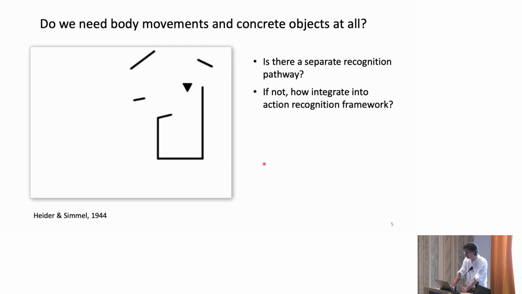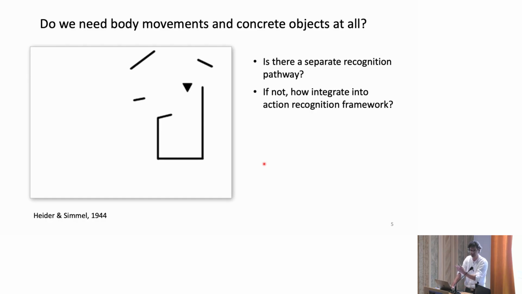Now, the only available cues in this example are the specific visuospatial relations between the moving agents and certain scene elements, and also how these relations change over time. And I argue that the specific interplay of these temporal spatial relations is usually characteristic for specific actions, like opening or chasing and so on.